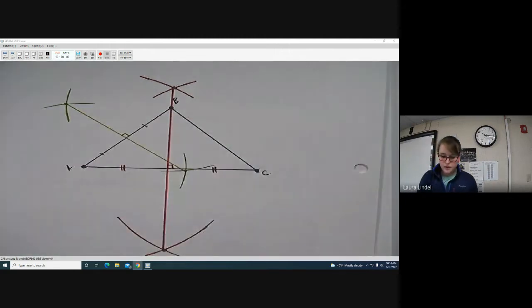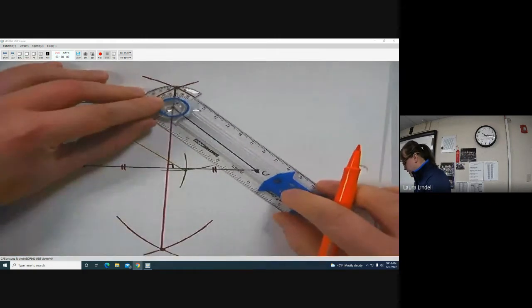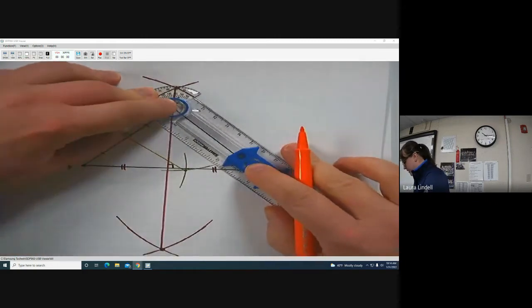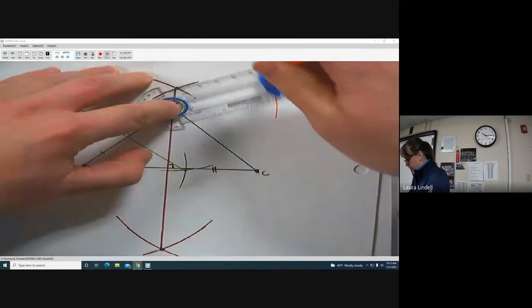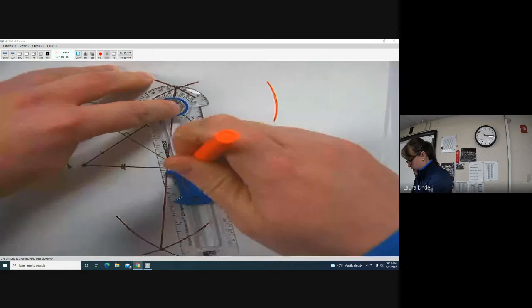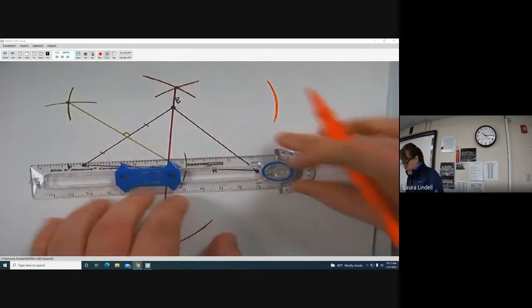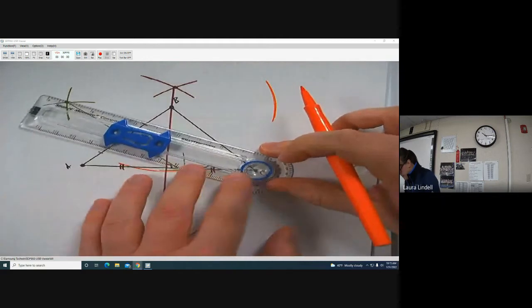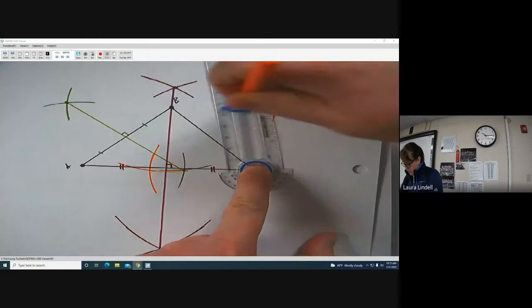So here we go. More than halfway from B to C, but less than the whole distance. Make one arc above the line, one arc on the other side of the line. Turn it around to C. Do the same thing, one arc there, one arc here.